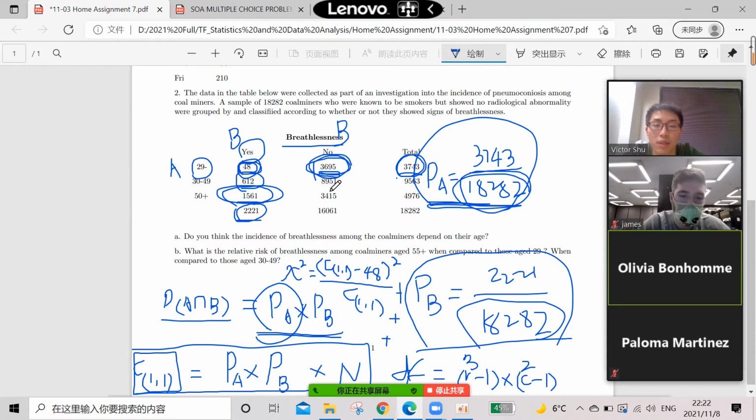Again, we use our calculated expected value minus 3695, squared, and then divided by our expected value. When we add them up, there are 6 terms in this equation, and we sum them up, that is our final calculated chi-square. That would be the test statistics of this problem.